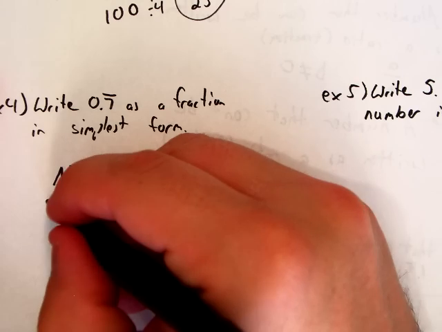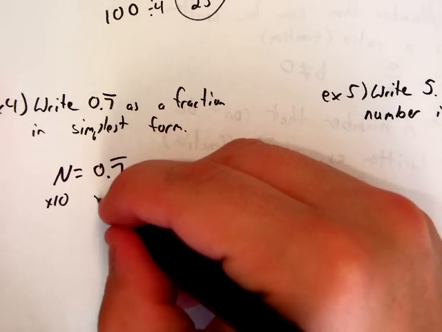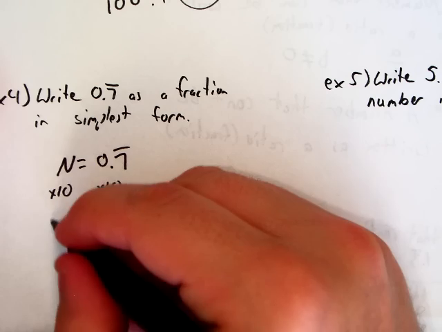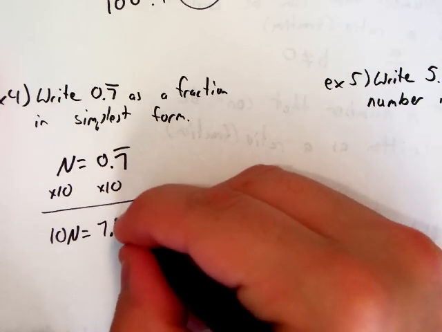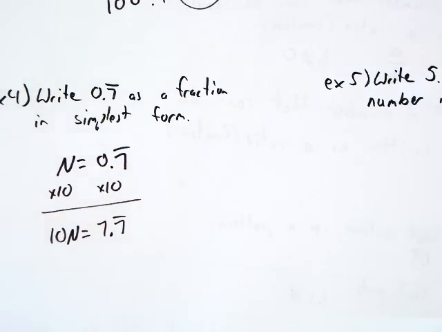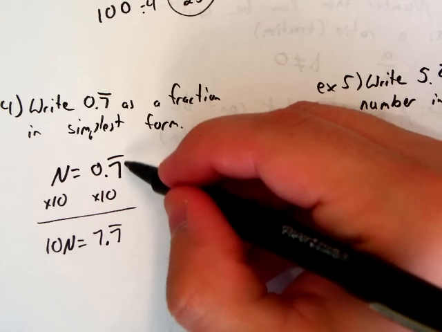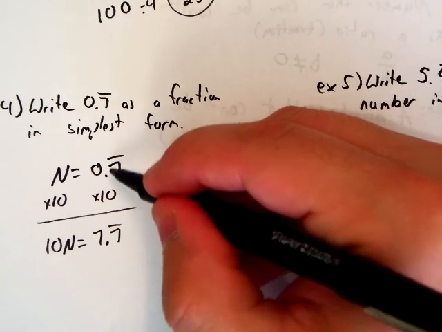So I'm going to multiply both sides by 10. So I now have 10n equals 7.7 repeating. Again, the reason why I multiplied by 10 is because the 10th place is the last part that's being repeated.